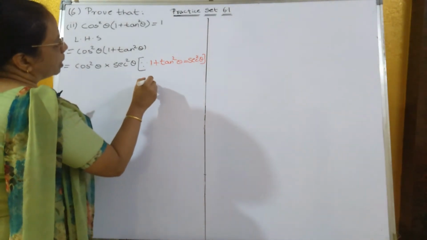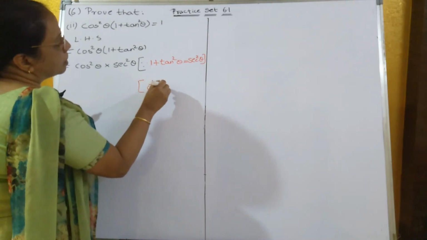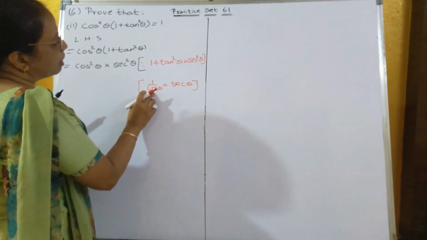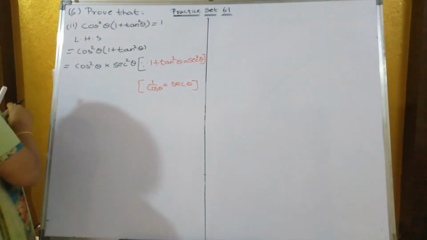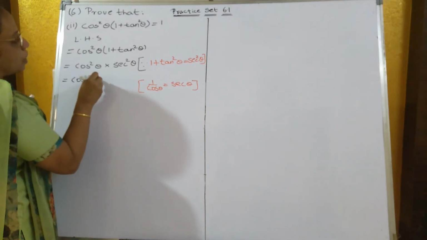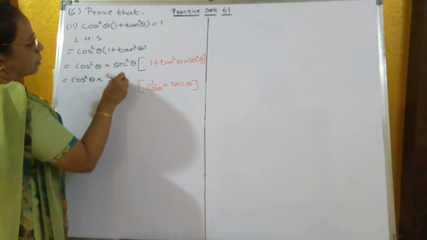We know that 1 upon cos theta is equal to sec theta. So in place of sec theta, I will put 1 upon cos theta. So that is equal to cos square theta into 1 upon cos theta the whole square.